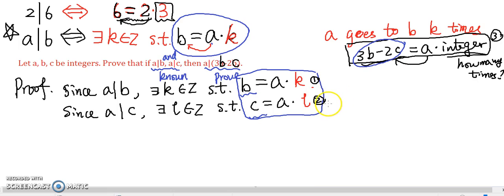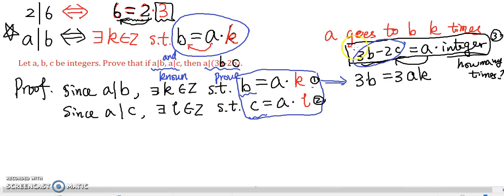But by algebra, we know that whenever you have an equation, you can multiply both sides by the same number. It's not going to change the equation. So because we need a 3 in front of b, I'm going to multiply both sides by 3 in equation 1.